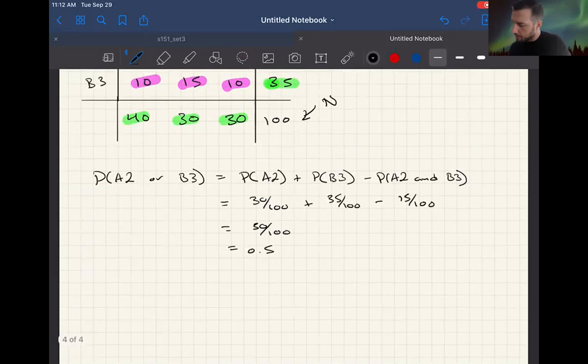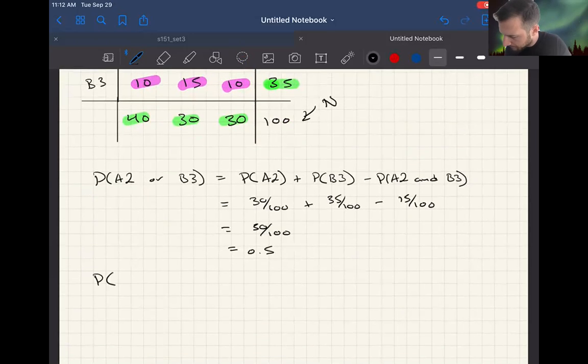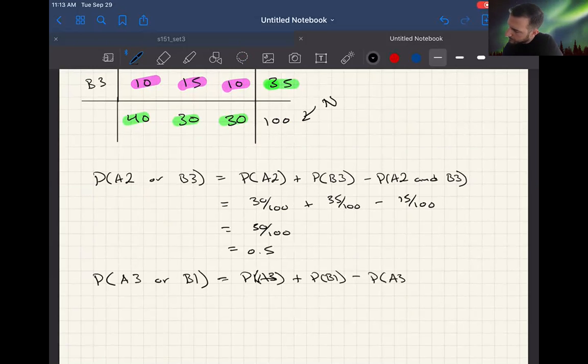And then another example, since we're doing triples today, let's do A3 or B1. So this is going to be probability A3 plus the probability of B1 minus the probability of A3 and B1. Okay, P of A3 is 30 over 100.